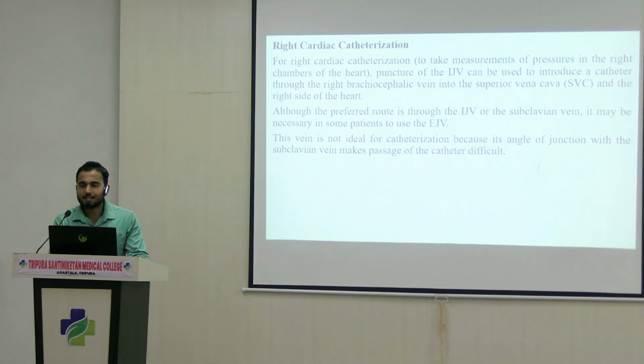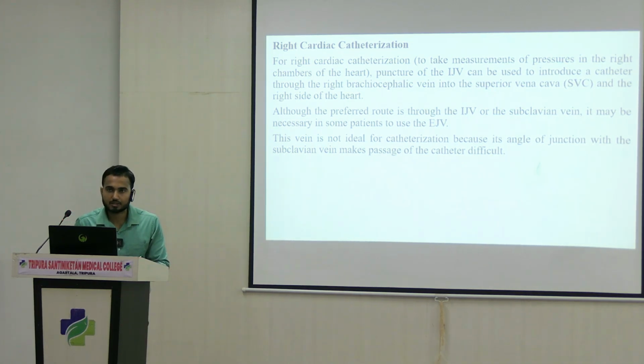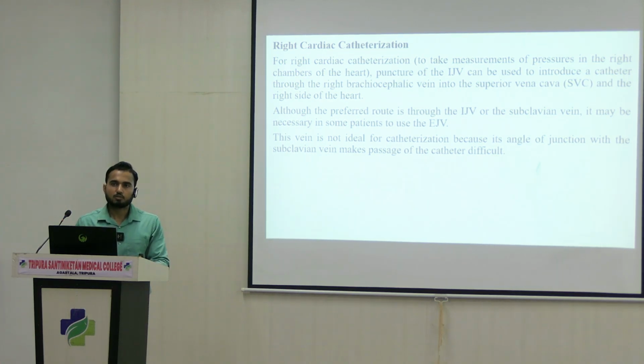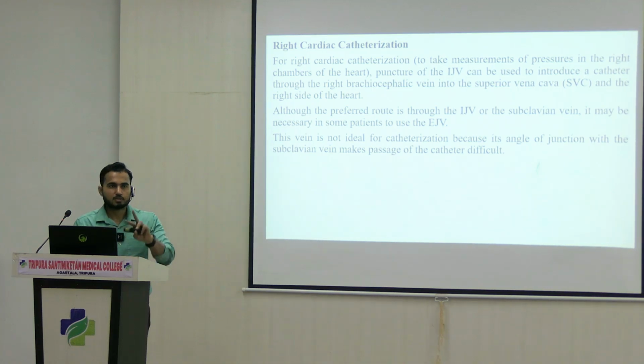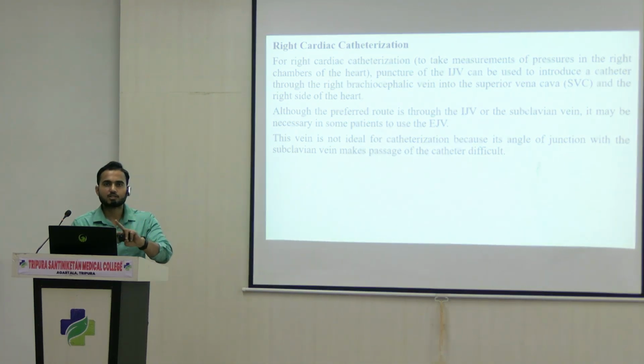Okay, next is the right heart catheterization, very important interventional procedure. Now see, two types of heart catheterization are there, right heart catheterization and left heart catheterization. Right heart catheterization is mainly done for the right chambers, that is right atrium and right ventricle.